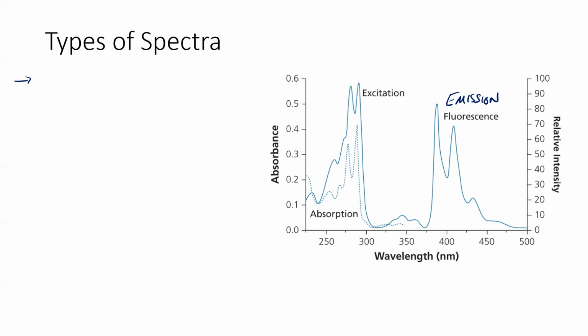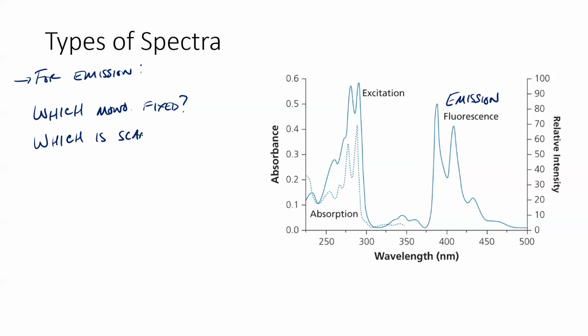Okay. And so this slide is essentially kind of what I want you to figure out for the exam, right? For emission, which monochromator is fixed, which is scanning, right? Ditto for excitation.